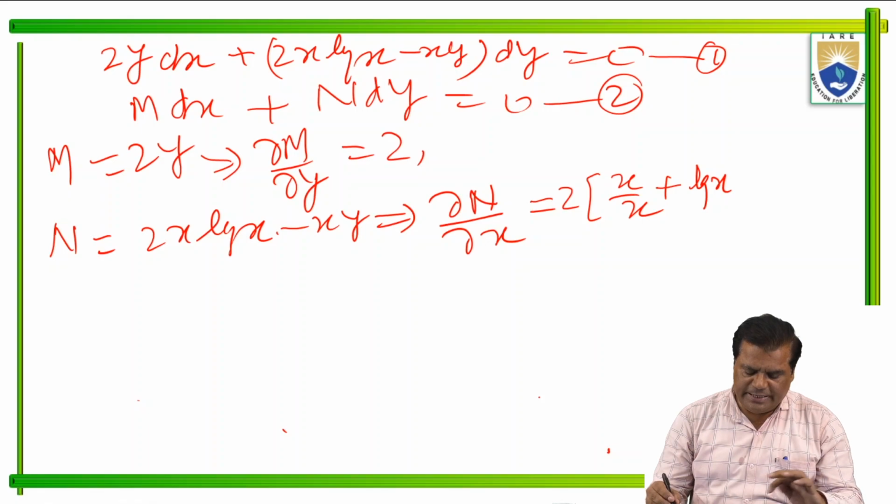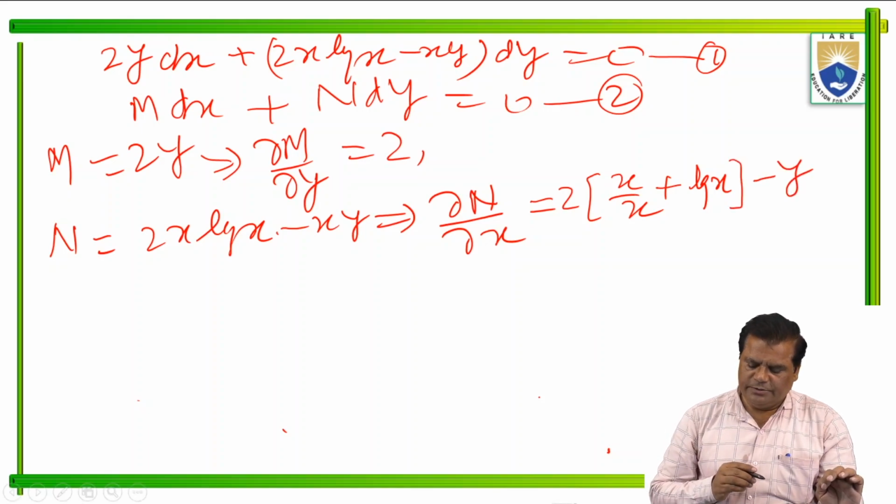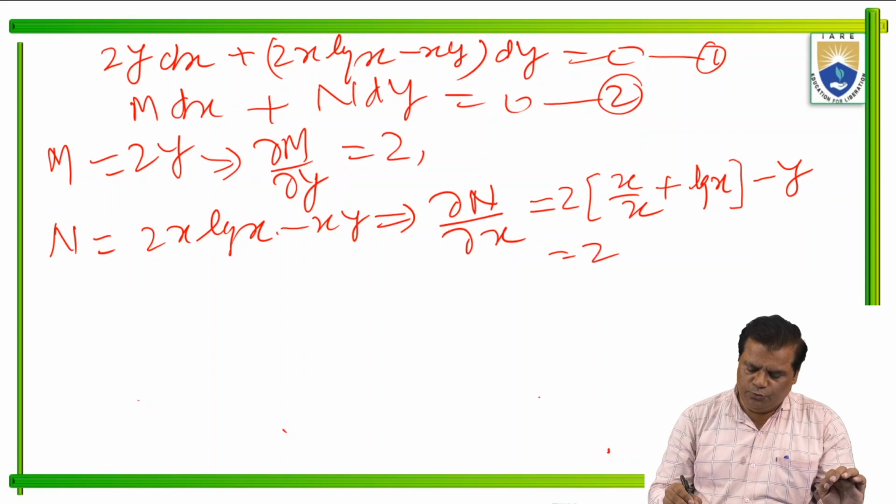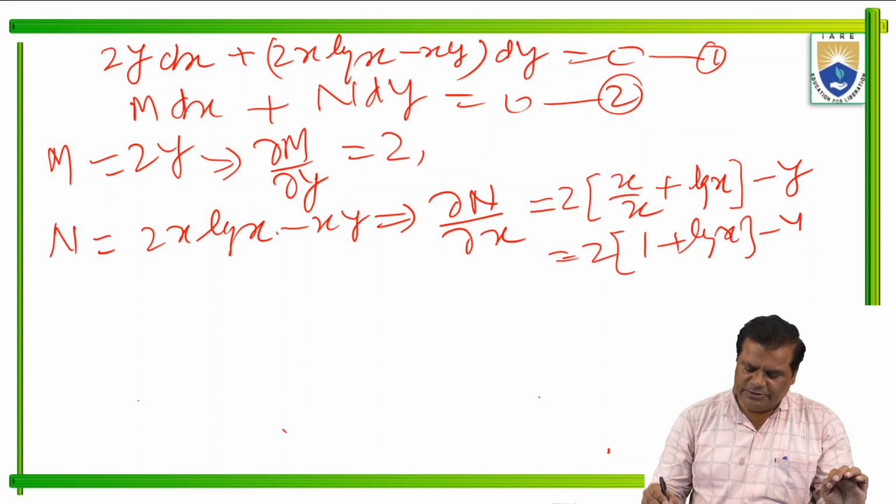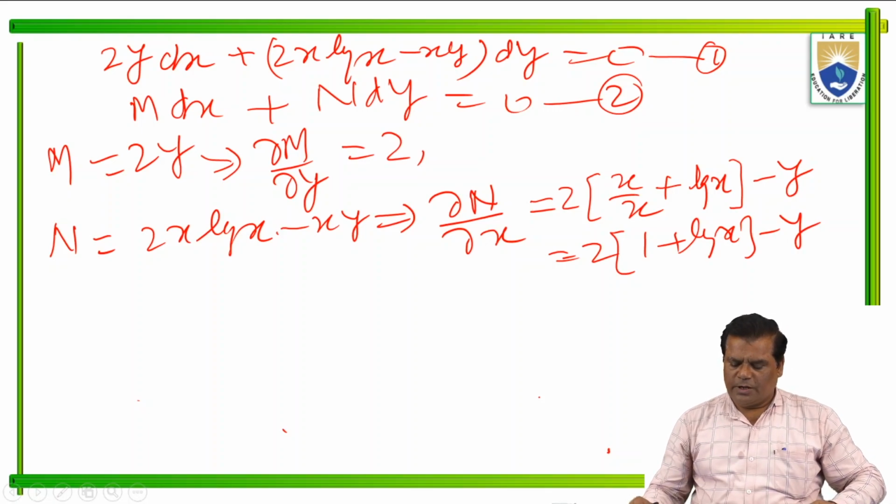So this equals 2 into 1 plus log x, and minus y. Clear?